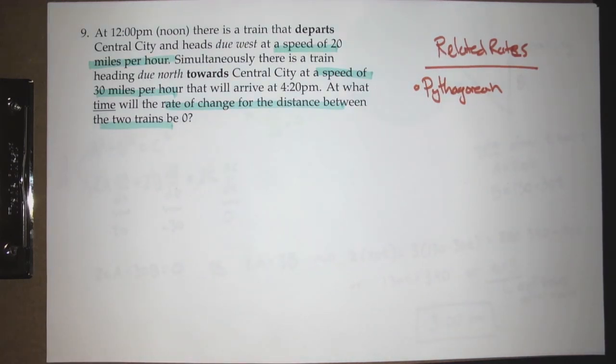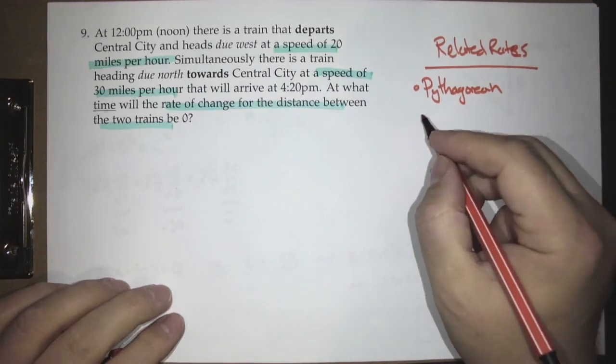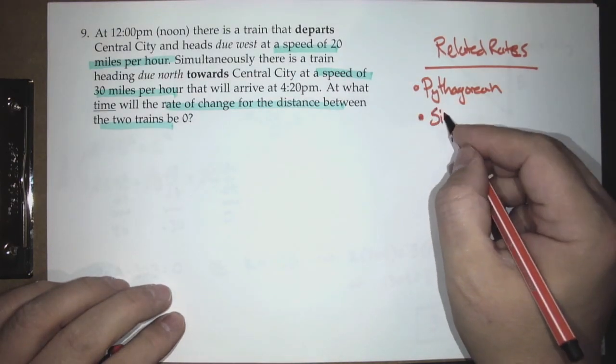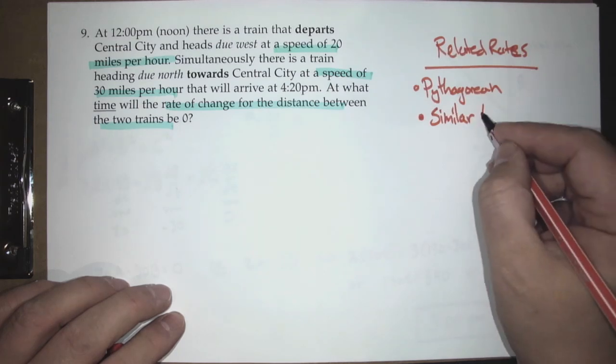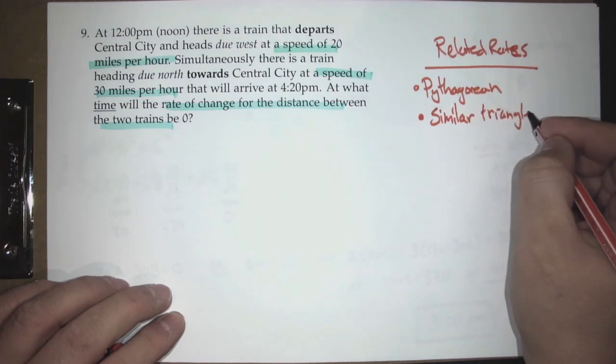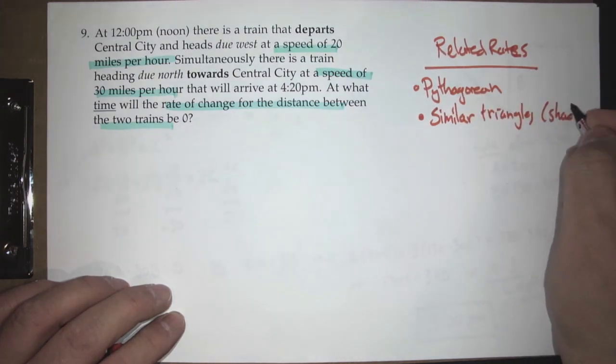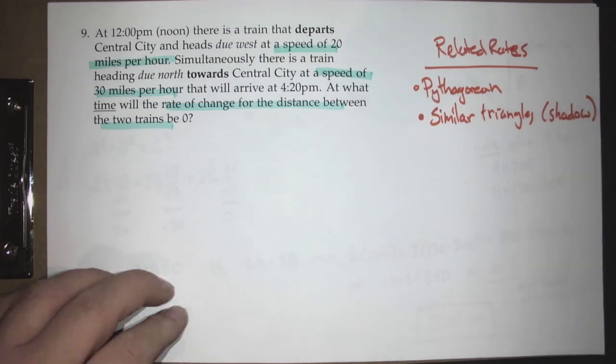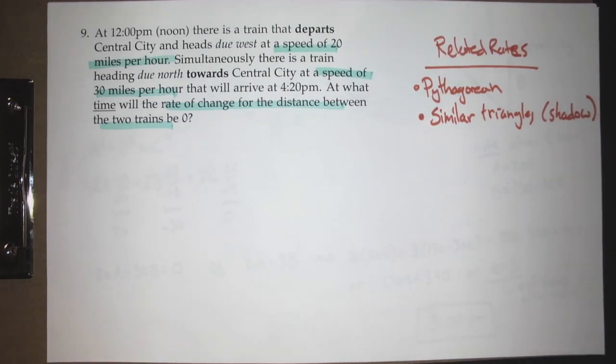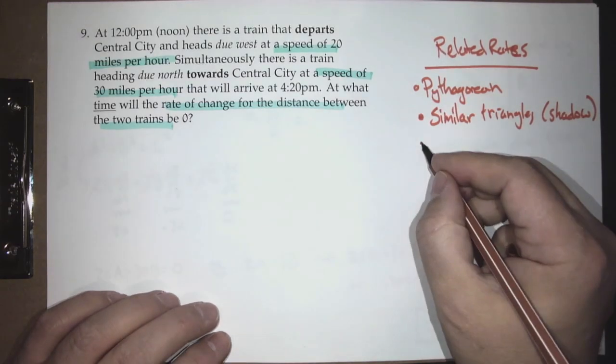That's when the sides of a triangle are changing. You can have similar triangles. This is often when you talk about shadows. Who knows what evil lurks in the hearts of calculus problems? The shadow knows. Sorry, it's an old-time radio show. Ask your great-great-grandparents. Okay. We also have geometry problems.